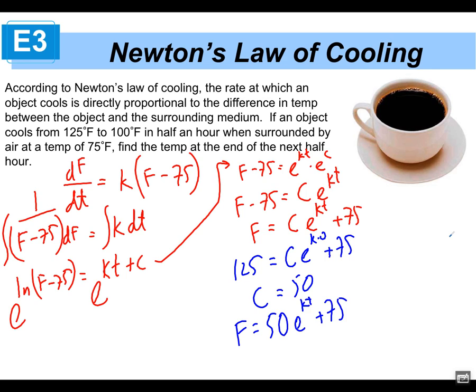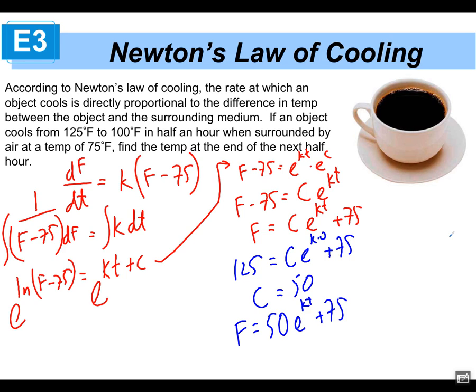Okay, how do I find k? What other chunk of information do I know? Next half hour. Say again? Find the temperature at next hour. Not yet. That's our final question. We still have to do our equation, Greg. F is 100 when t is equal to what? 30. 1/2, correct.